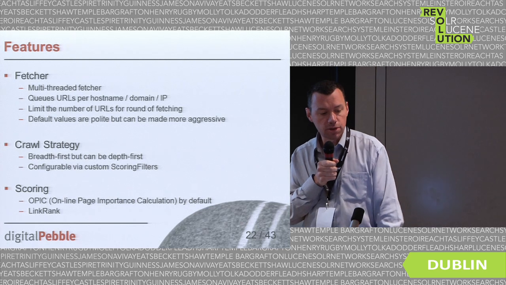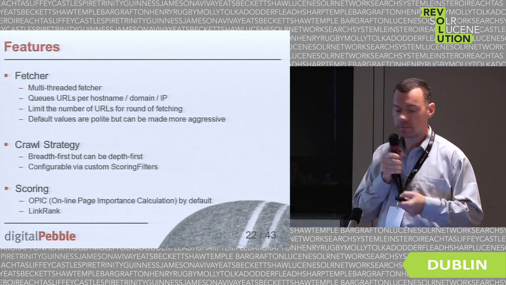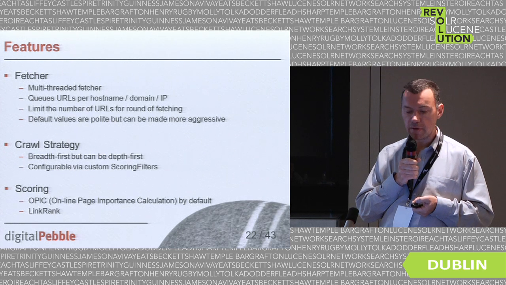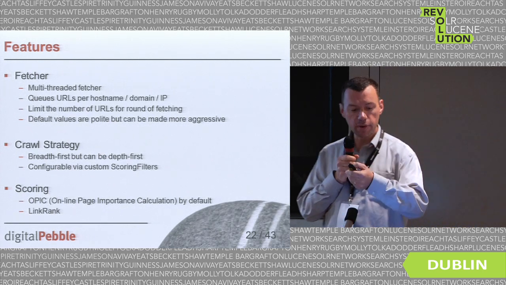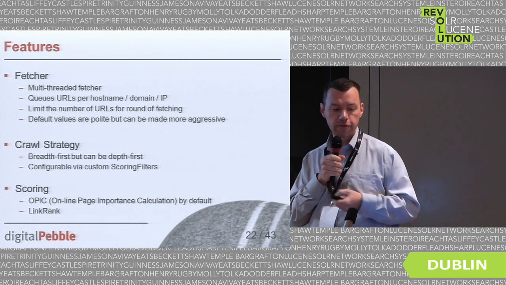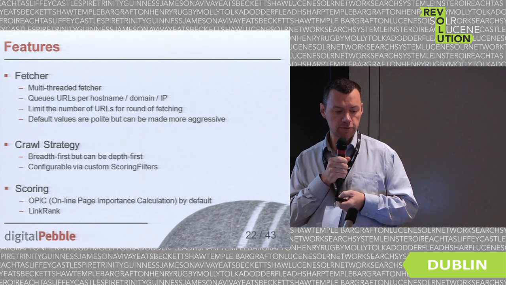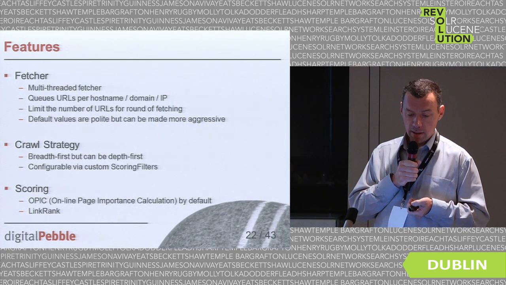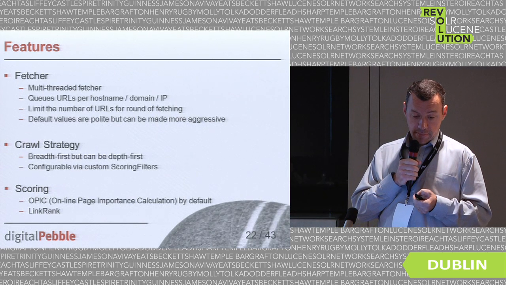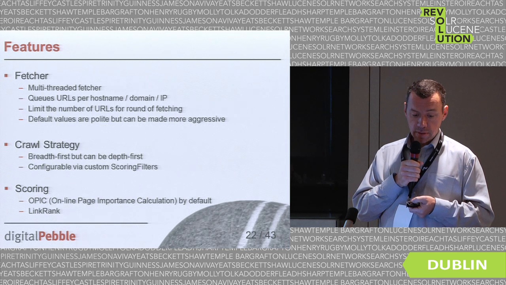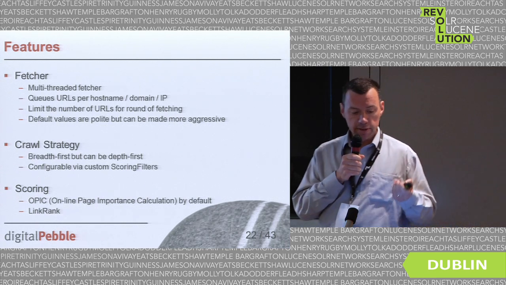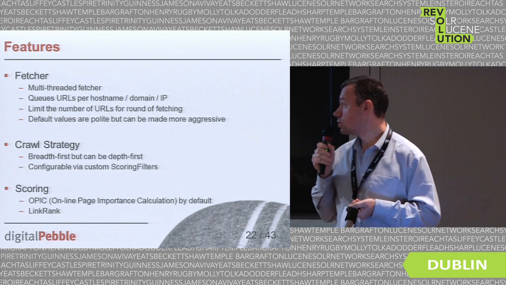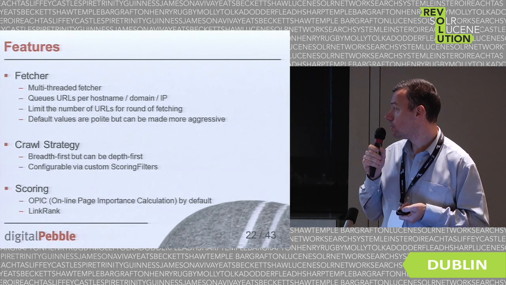The fetcher will queue URLs per host name, domain, or IP, and that's a way of controlling how frequently you will hit a server when you fetch from it. As I said, by default the values are very polite. Nutch also has a crawl strategy. It goes breadth first. You can modify that using custom scoring filters to use different strategies if you wanted to.